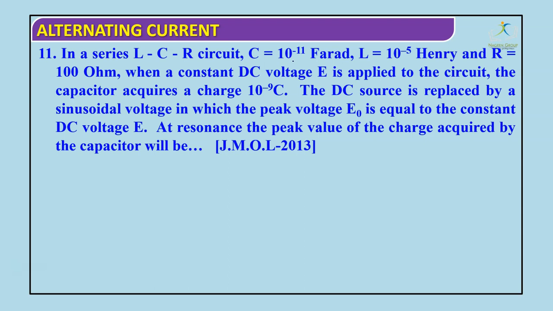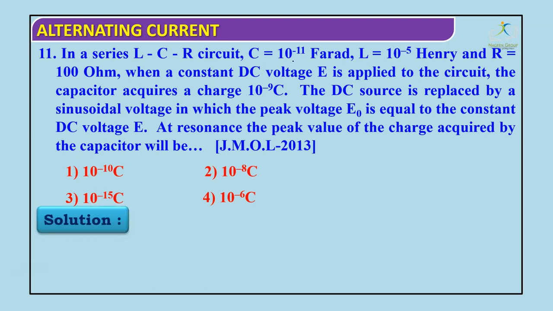The DC source is replaced by a sinusoidal voltage in which the peak voltage E0 is equal to the constant DC voltage E. At resonance, the peak value of the charge acquired by the capacitor will be 10 to the power minus 10 C, 10 to the power minus 8 C, 10 to the power minus 15 C, or 4 times 10 to the power minus 6 C.